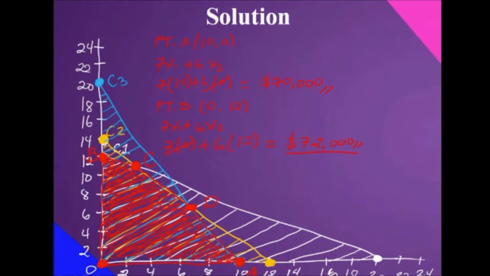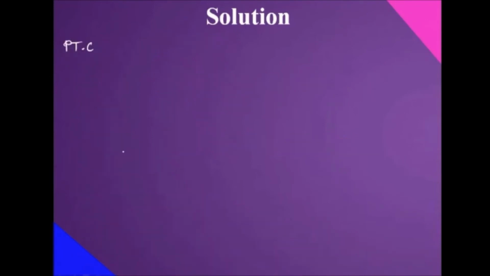Lagay natin dito, i-note natin na intersection of constraint 1 and constraint 2. Ginagawa ko lang ito para mas madalian kayong intindihin, pero you don't need to input lahat ng mga notes tulad nito.